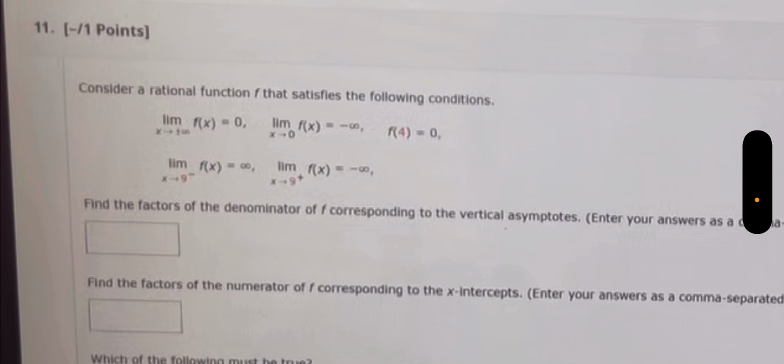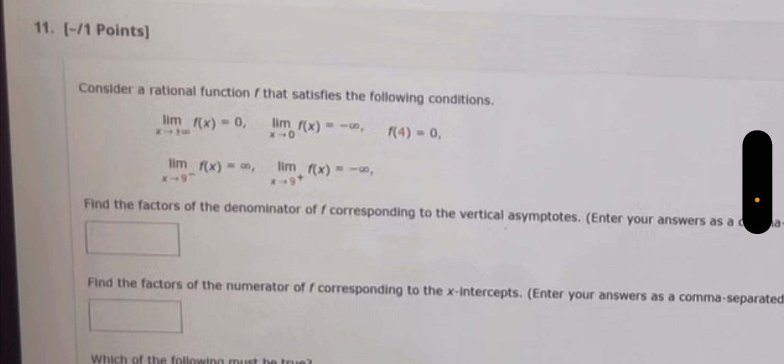Okay, so the vertical asymptotes, that's going to be where the limit as x approaches a number, the y is going to tend to plus or minus infinity. So it looks like we got two cases, right? The limit as x approaches 0 is negative infinity, so as it comes from the left or the right, y tends to negative infinity.